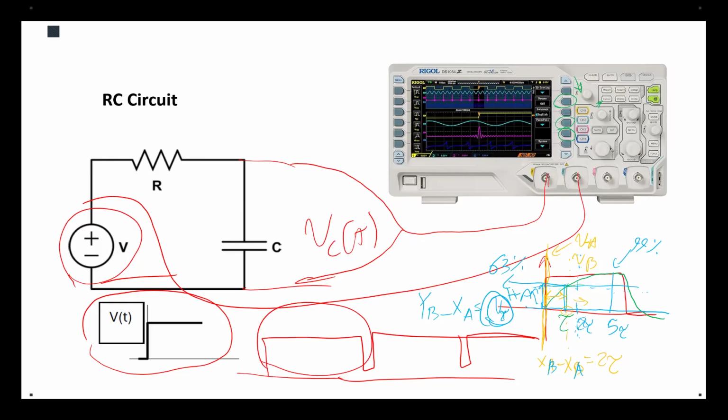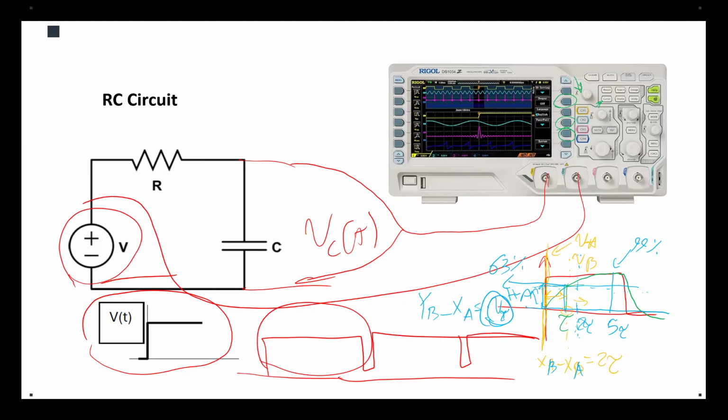Is that clear? So this is how you can measure the values of your parameter, like at 1 tau, 2 tau, 5 tau, or measure the tau based on the 63% of the final value.